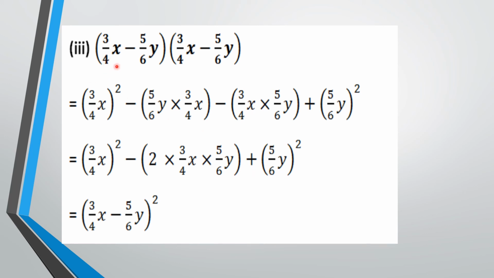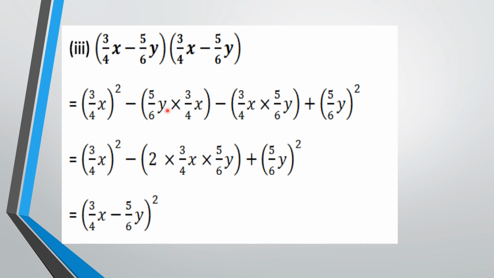3 by 4x minus 5 by 6y multiplied by 3 by 4x minus 5 by 6y. After multiplying each term with each other term over here, 3 by 4x into 3 by 4x, and again 3 by 4x into minus 5 by 6y, and again minus 5 by 6y into 3 by 4x, and minus 5 by 6y into minus 5 by 6y. That means minus into minus becomes plus, and 5 by 6y the whole square.